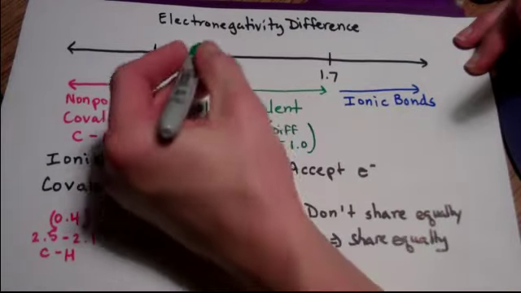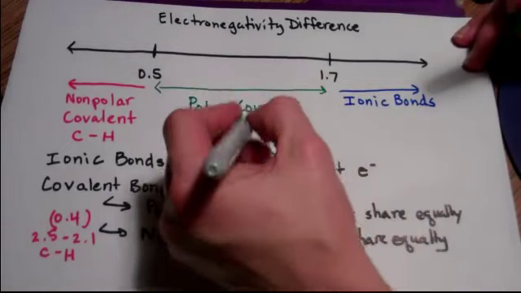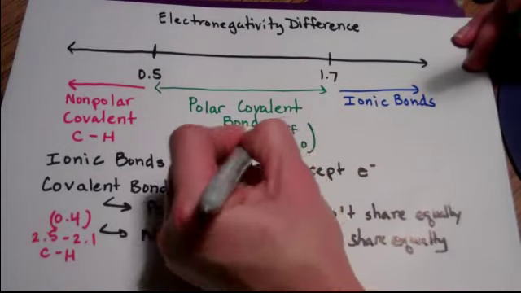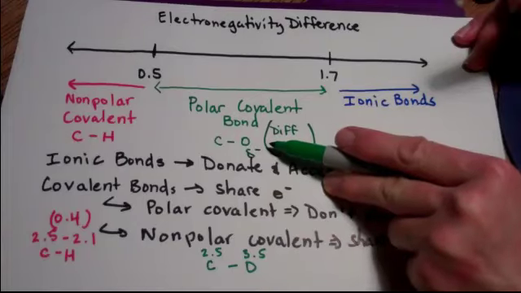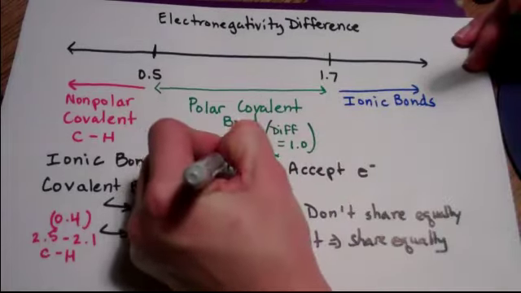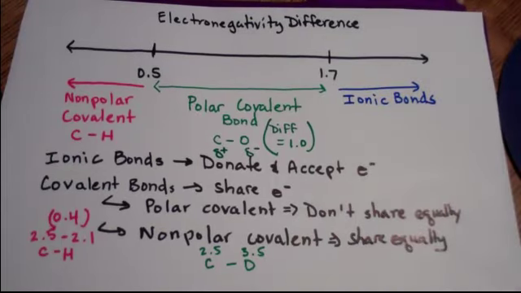And so that's going to fall within this continuum, and this is going to be partially negative. So the atom that is more electronegative has the electrons more of the time. It has more attraction for those electrons. And this carbon is going to be partially positive because it has the electrons less of the time. The oxygen is hogging the electrons.